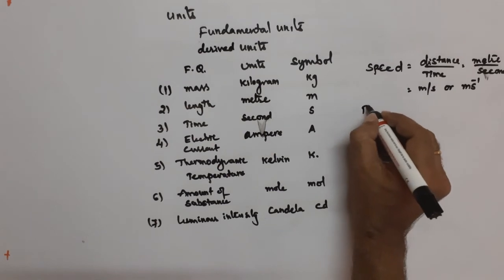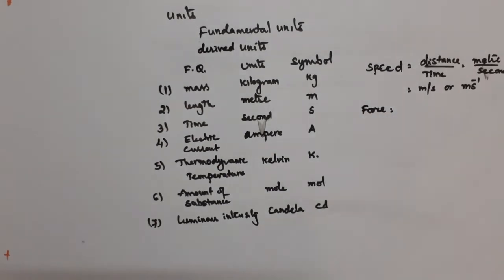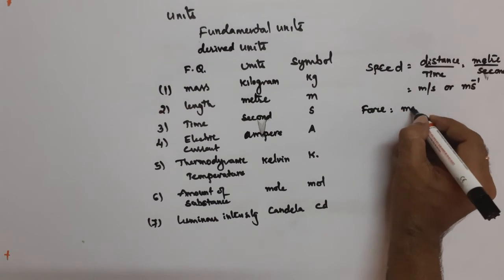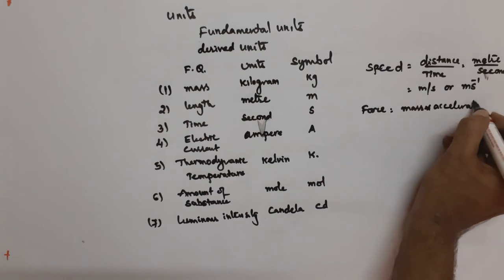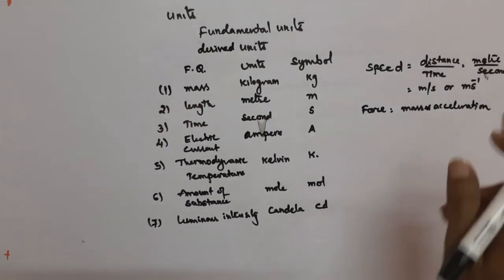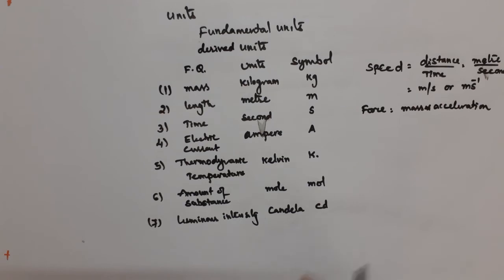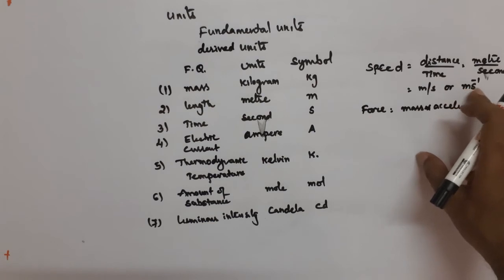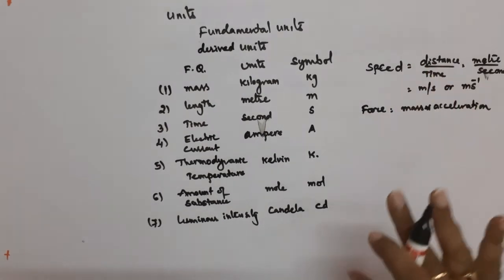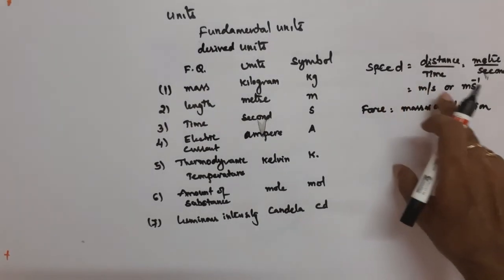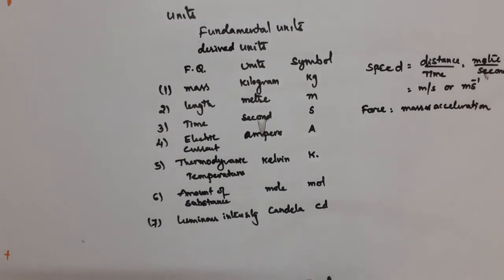Now, what are the units for the force? Force is nothing but mass into acceleration. This is the formula. And what is an acceleration? Acceleration is nothing but velocity by time. Displacement by time is called the velocity, and for that the units are meter second to the power of minus 1.